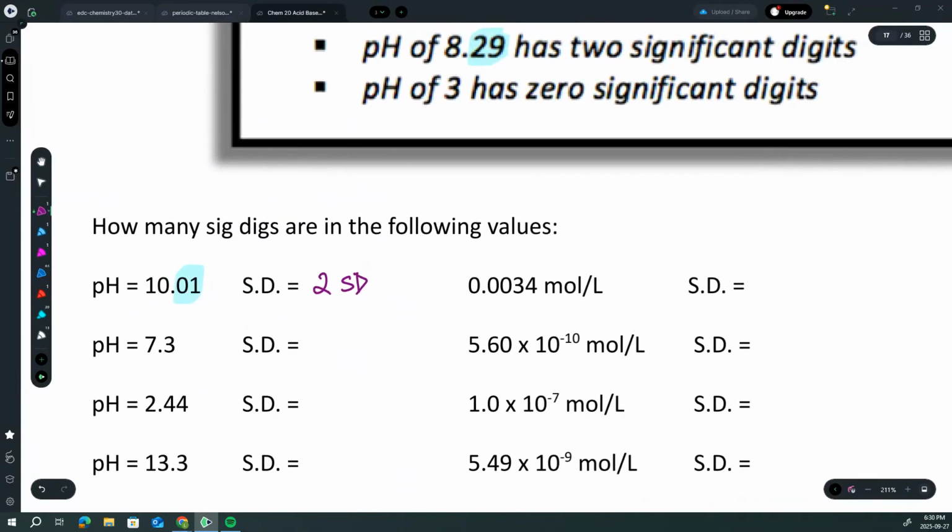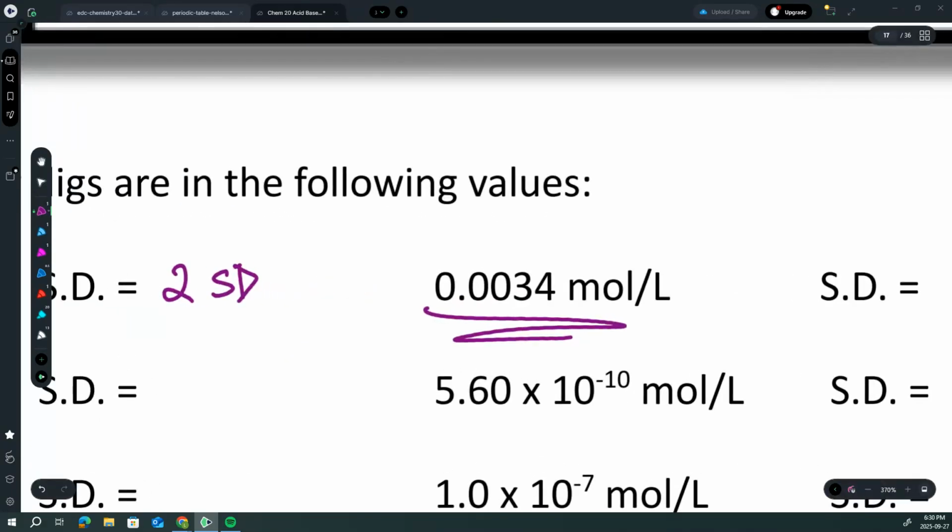Now let's look at this. This is a concentration value. The word concentration does not have the letter P in it, so that means you're looking at the entire number, not just the digits after the decimal. These are leading zeros, so they don't count for significant digits, but these do count.